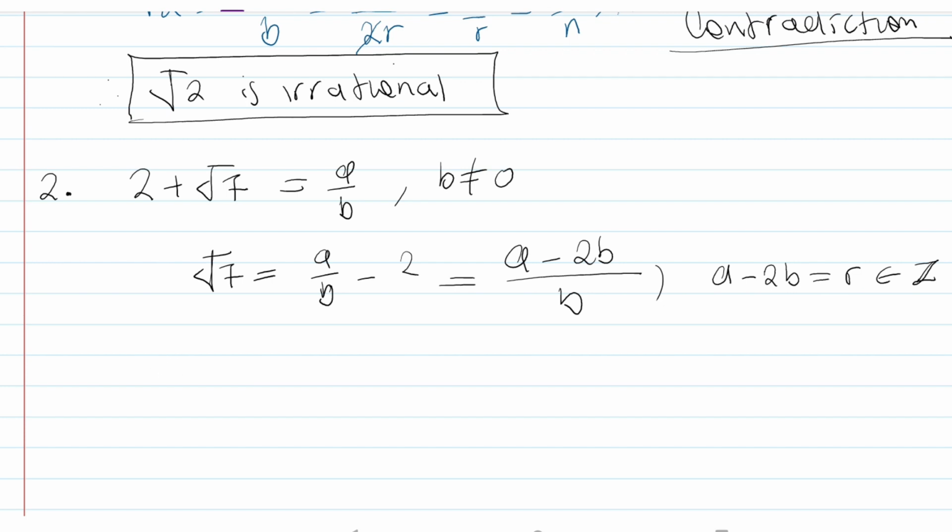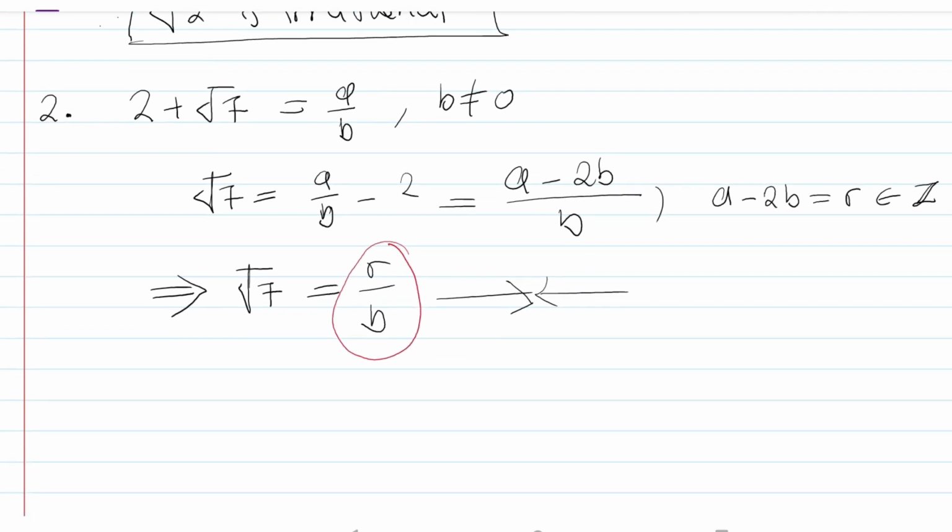So this implies that the square root of 7 can be written as r over b. But this is a contradiction, because we have been given that the square root of 7 is irrational, and we know that an irrational number cannot be written as a fraction like this. So therefore, 2 plus the square root of 7 is also irrational.